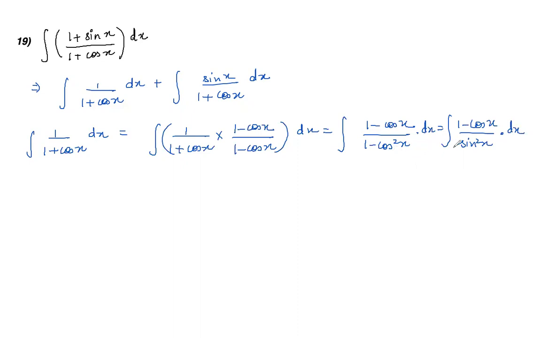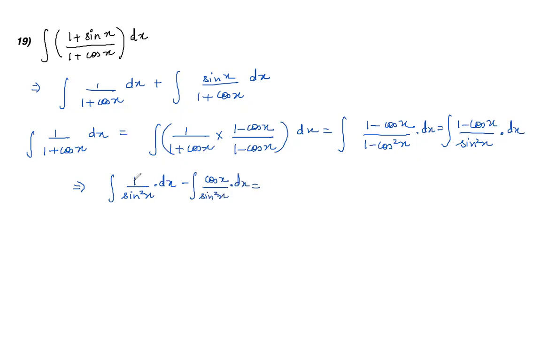Now again, I'm going to distribute the terms. So it would become 1 upon sine square x into dx minus cos x upon sine square x into dx.